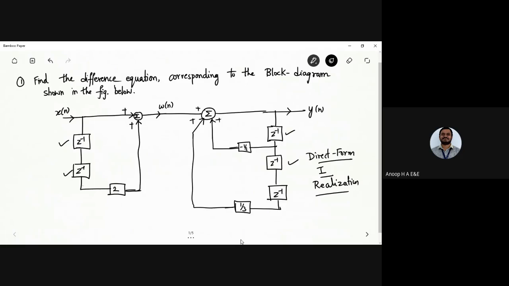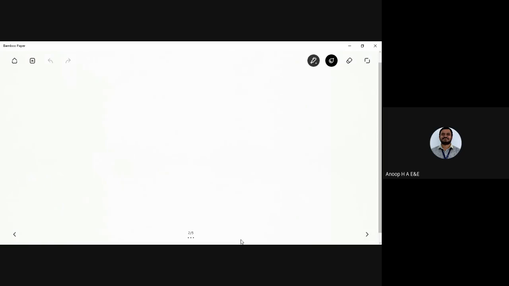The total number of delay blocks is 5, that is m plus n equals 5. Carefully, I am going to write the output here.